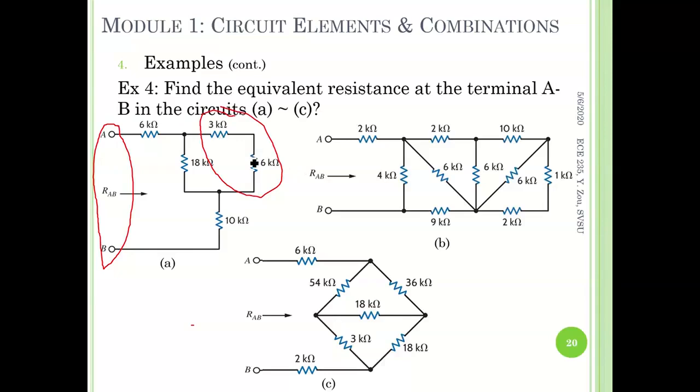Combining these two, and then we see a clear parallel between 18K and this combined 3 and 6K. After that, we see this entire thing is series connected with 6 and 10K. And then pretty much we are done with finding the total resistance RAB.